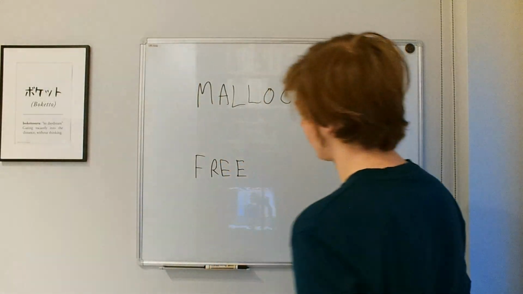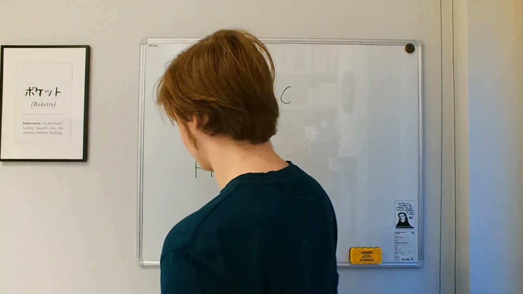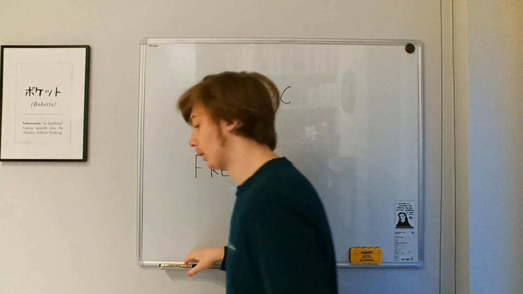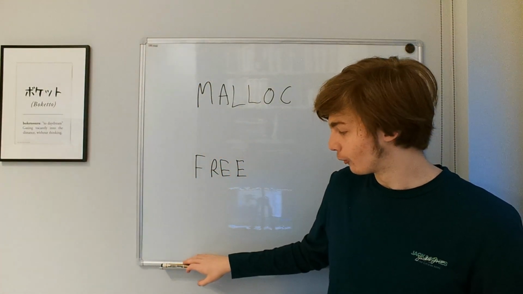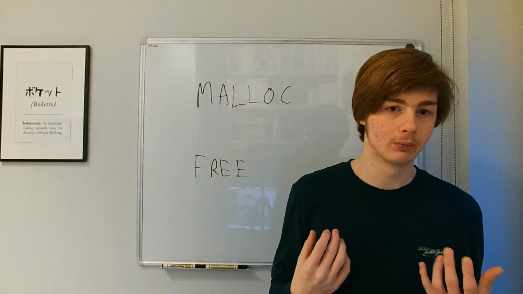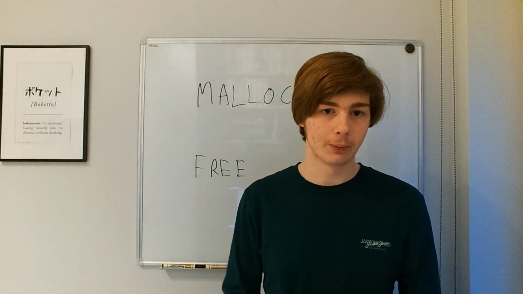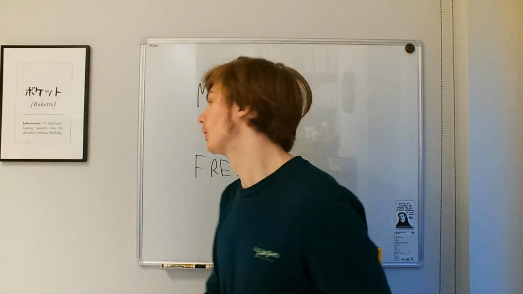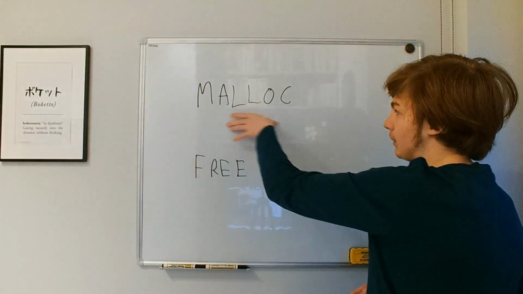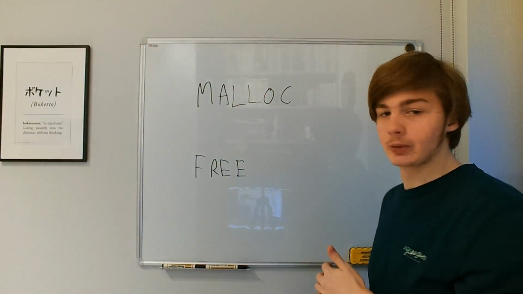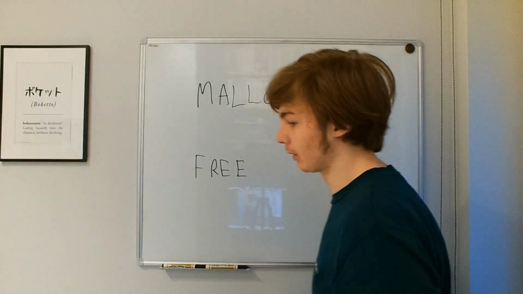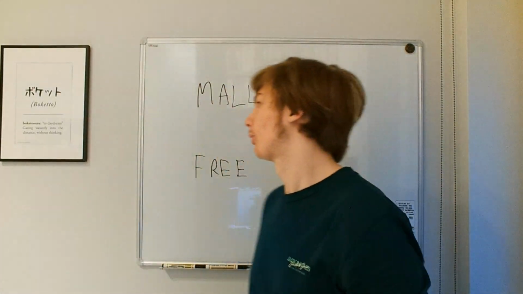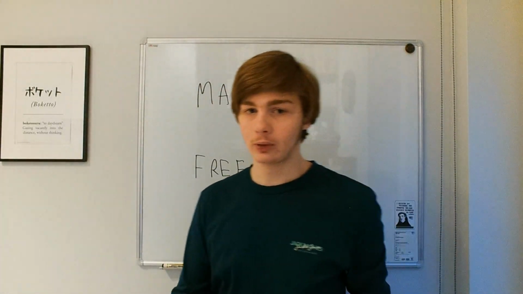So the primitives that an operating system should implement in order to allow a given process to use the operating system for memory management are some sort of memory allocating primitive and some sort of freeing primitive. The first one is a request.